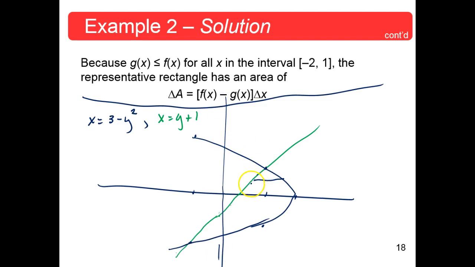Here is your strip. Your dy is now the thickness. What is the length of that strip? Dark minus green, right? We don't have function names for them, so it would be the dark one minus the green one. That's the length.